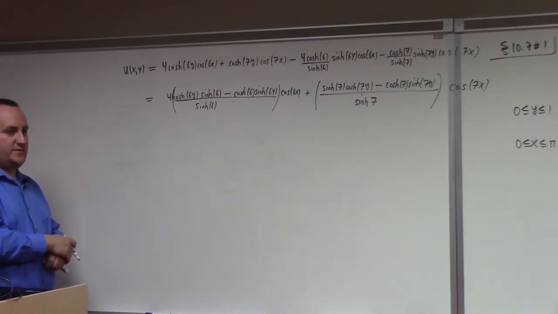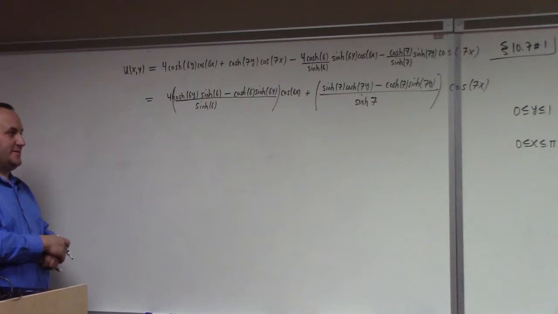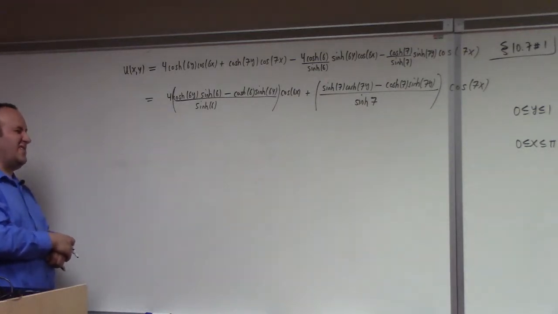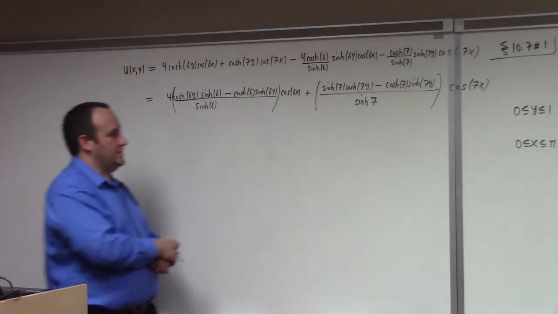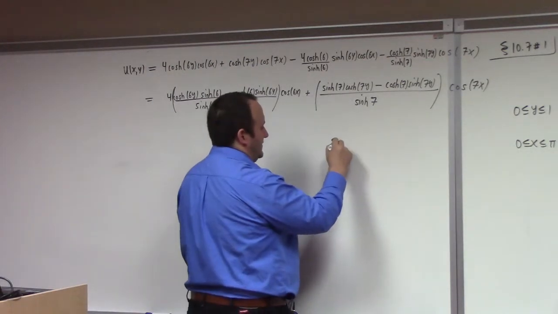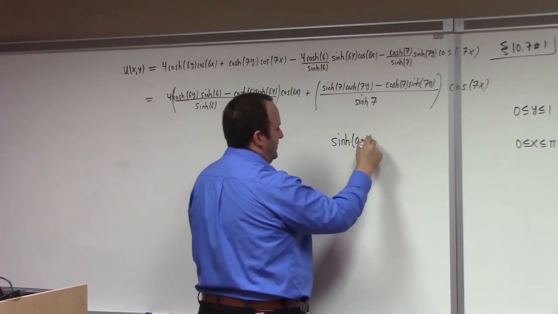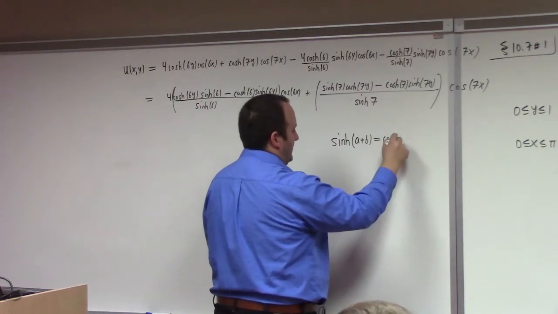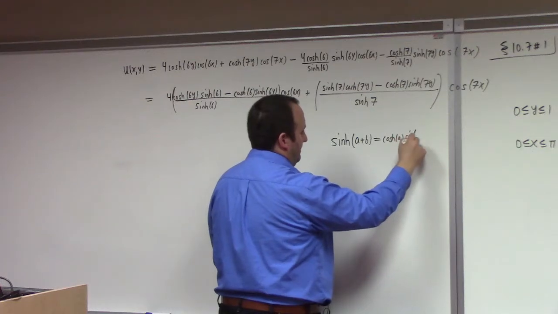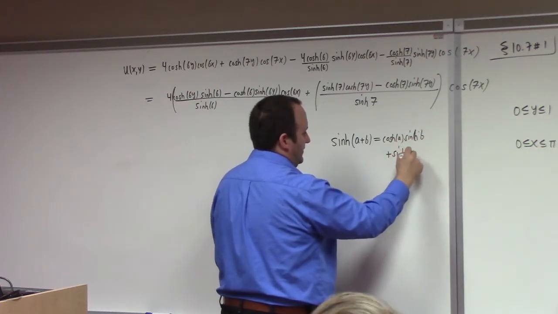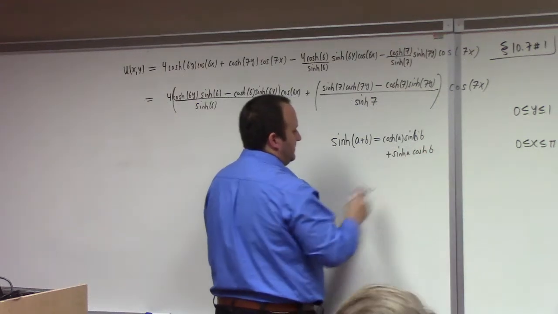But you may or may not know this, there's adding angles formulas for cosh and sinh. So you can work it out. I think, if I recall correctly, the hyperbolic sinh of a plus b is cosh a sinh b plus sinh a cosh b.